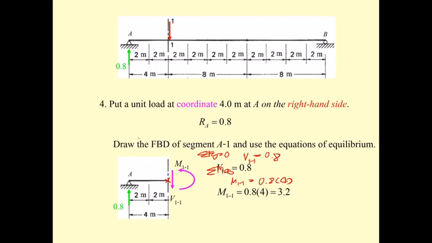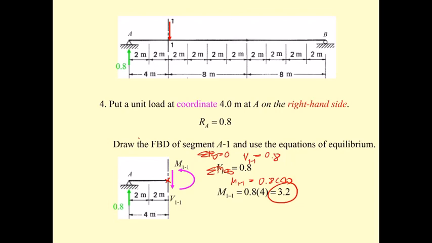And as you may see, the moment at this point is equal no matter the force, the applied force of one unit, is on the left or on the right of the section 1-1. However, the shear has a change at this point, in the total of 1.0.